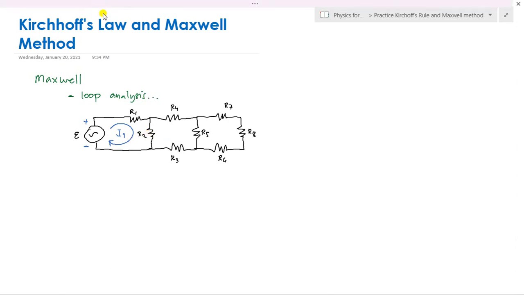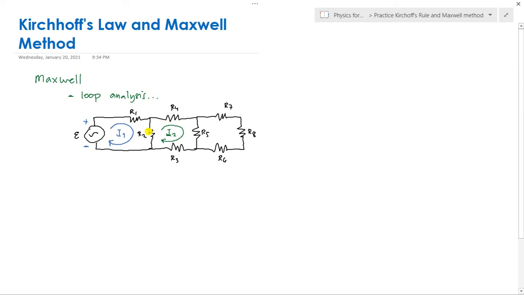Now for the second loop, I can also assume another current here, and I'm going to indicate this one as I2. So the current passing through R4 is only I2, since nothing else influences it.